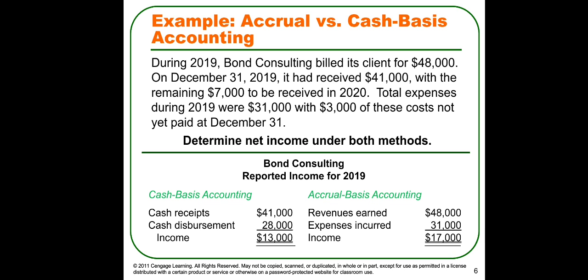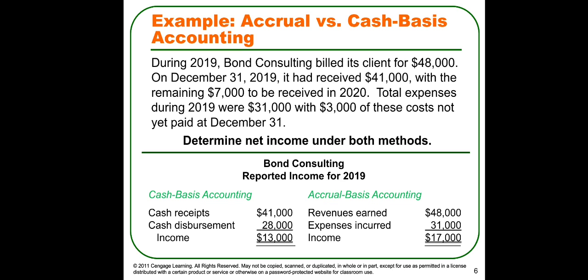Some of the clients will pay the 7,000 balance next year. Total expenses during 2019 were 31,000, with 3,000 of this cost not yet paid at 31st of December that year.